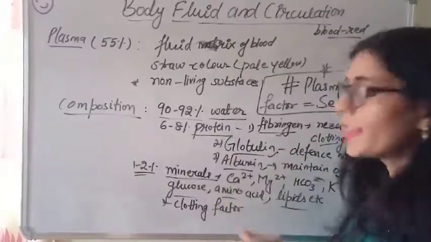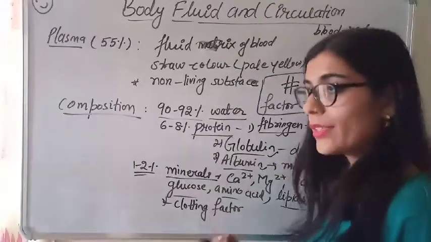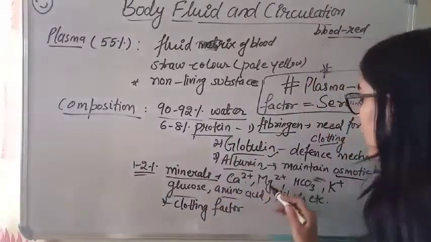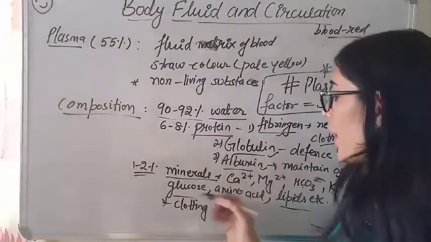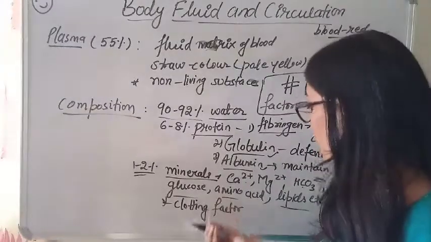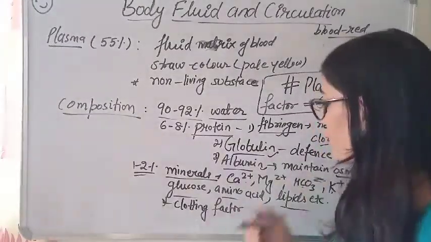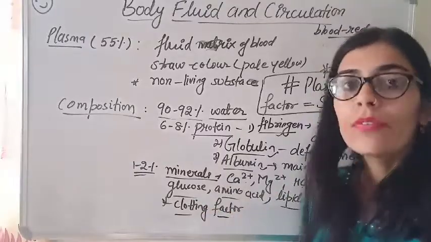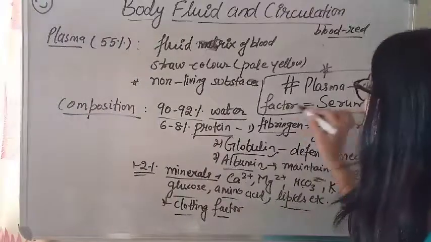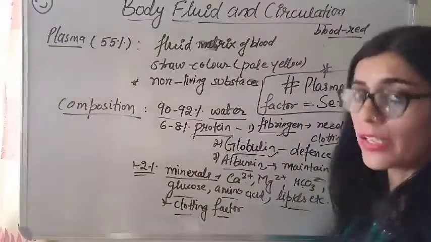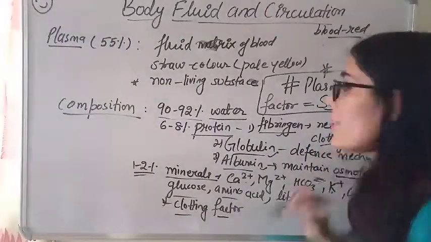Then certain minerals, or we can say electrolytes, are present: calcium, magnesium, bicarbonate, potassium, chlorine. Including a certain amount of glucose, amino acids, lipids and certain clotting factors. If we remove the clotting factors from the plasma, then it is known as serum.